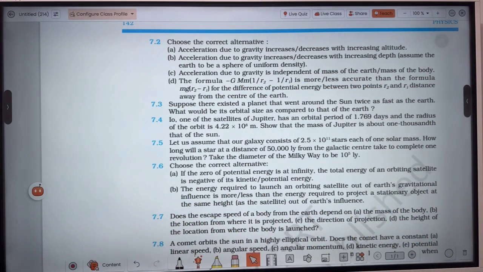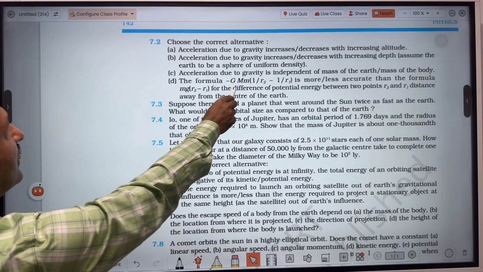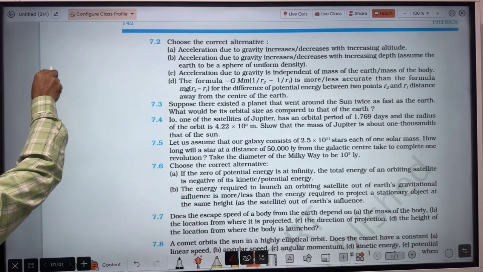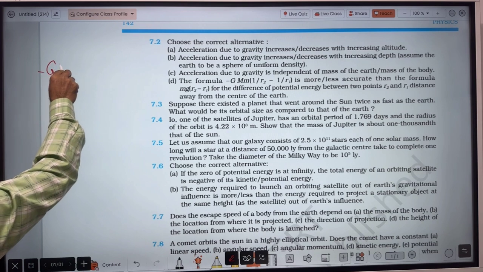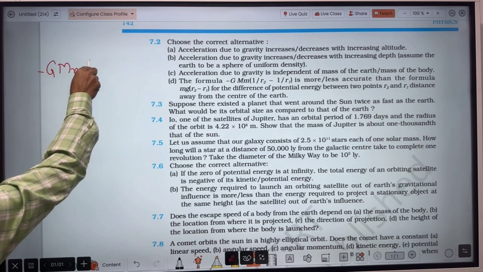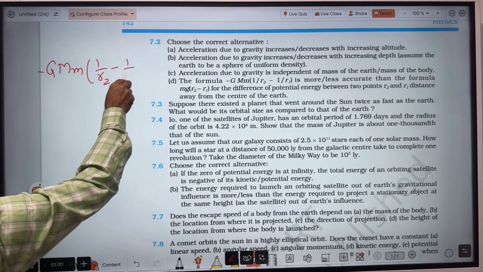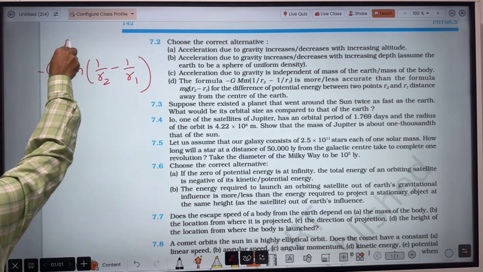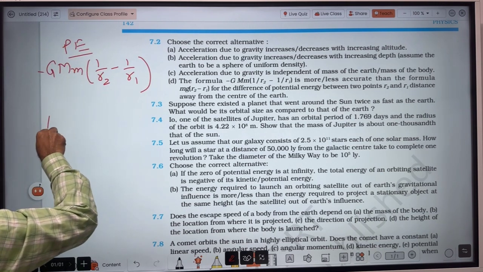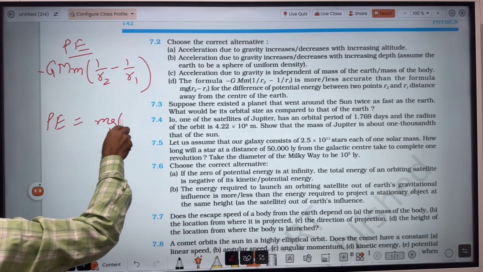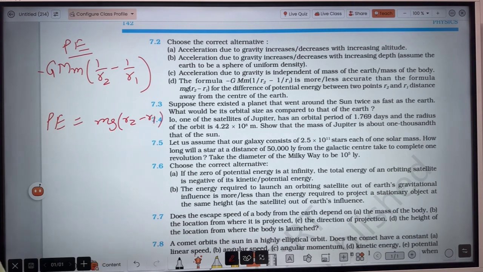Then next comes the formula minus GMm times 1 upon R2 minus 1 upon R1. This is for potential energy. Another formula is mg times R2 minus R1.